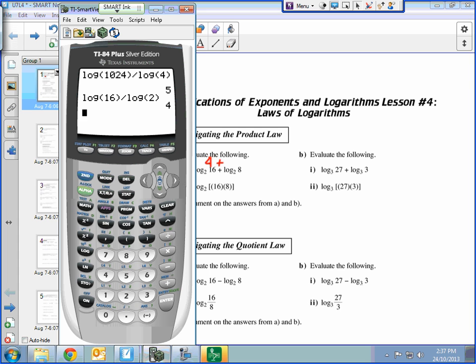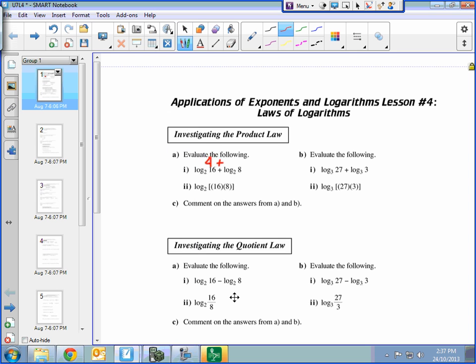Then log of 8 divided by log of 2. Enter. It's 3. So 4 plus 3 is going to be 7.